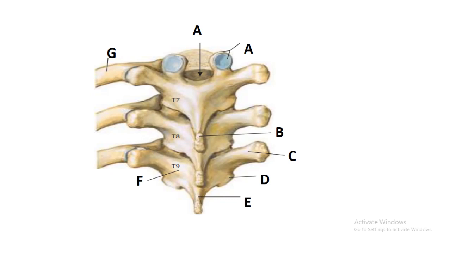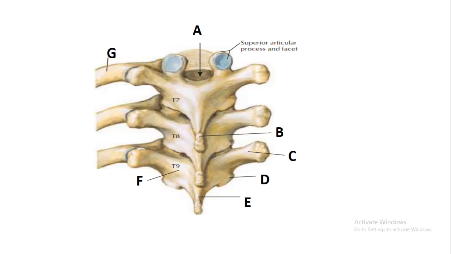They're just similar in some ways. So if you are able to identify the parts of the T6, then you are also capable of identifying the parts of T2, T7, T8, and T9. But in this case, these three bones, T7, T8, and T9, have been attached together. So let's quickly start with the first one.